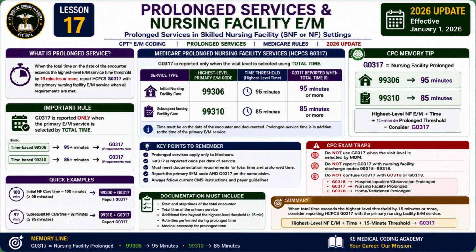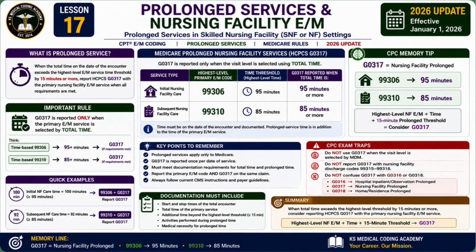And don't confuse G0317, which is for nursing facility prolonged services, with G0316 for hospital inpatient or observation services or G0318 for home or residence services. One more important point: Medicare's nursing facility prolonged service calculation uses a specific surveyed timeframe around the visit, so always follow the current CMS instructions rather than assuming that only face-to-face time on the visit date counts.